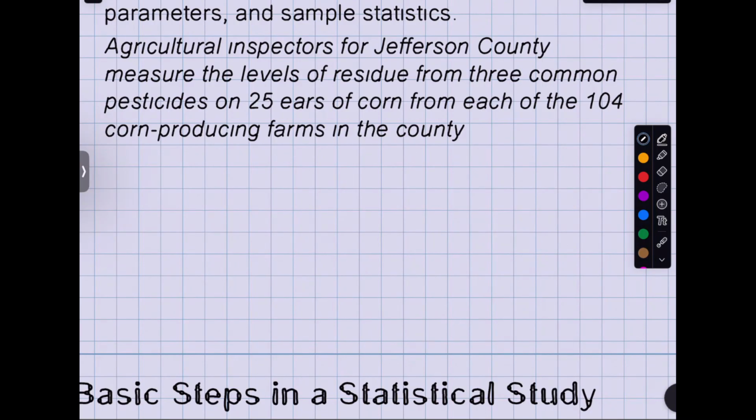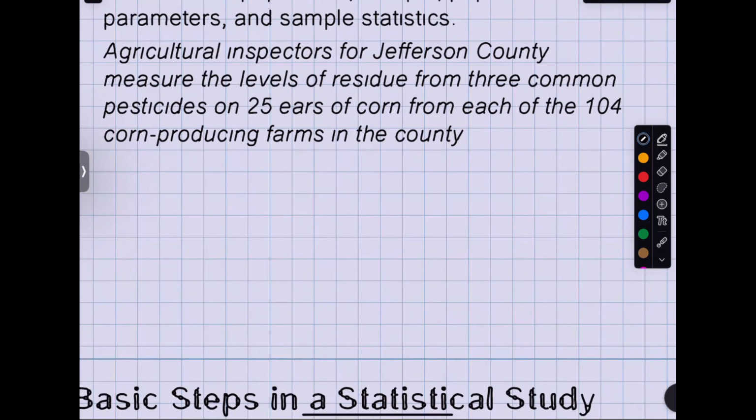All right, so what is the sample? The 25 ears of corn. What's the population parameter? What are they testing? Testing the 104 corn producing farms. No. What are they testing?